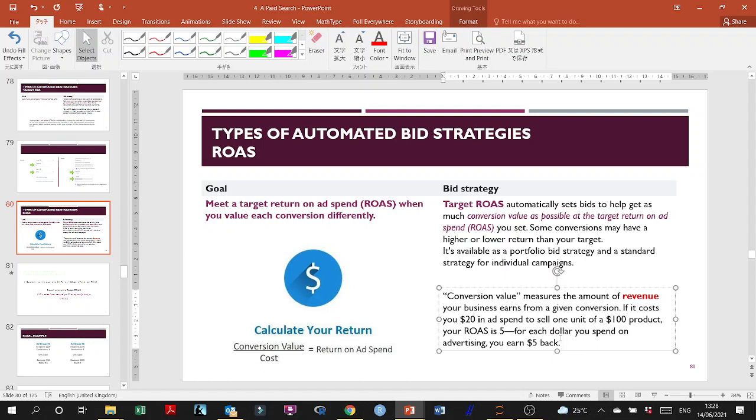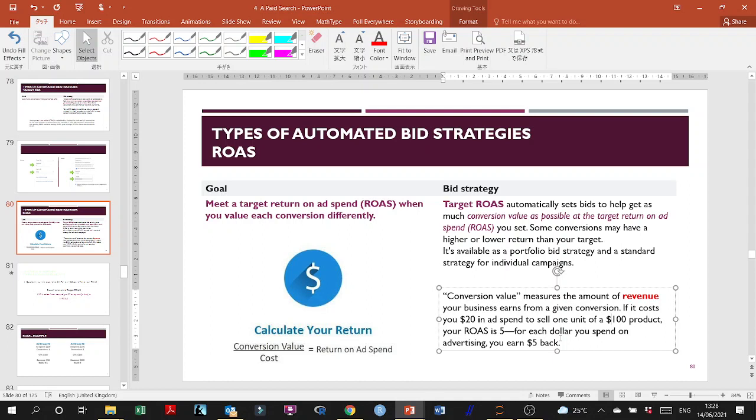So it's the total cost over the total revenue. Your total cost is 20, and your total revenue is 100. So your return on investment will be 20 over 100.